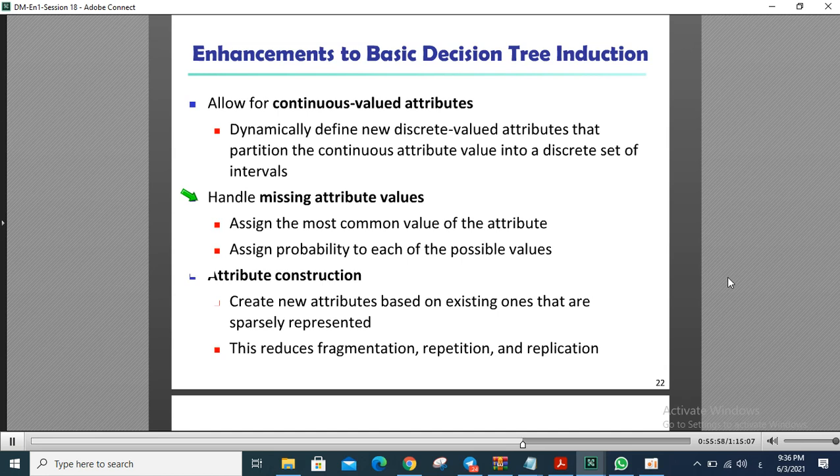We can use decision tree for handling missing data. In such case, we can assign the most common value to the attribute, or assign some probability to the possible values for the missing values.